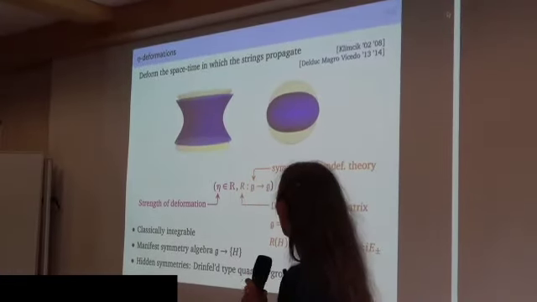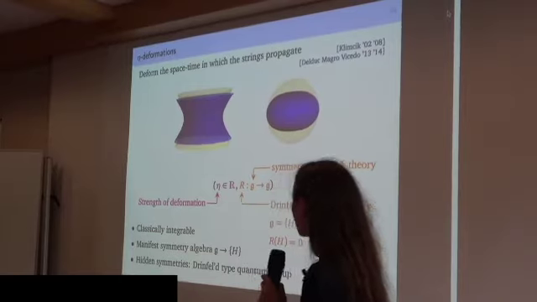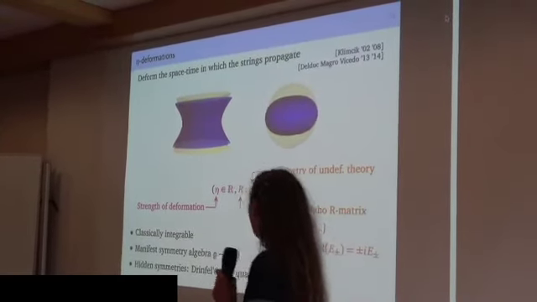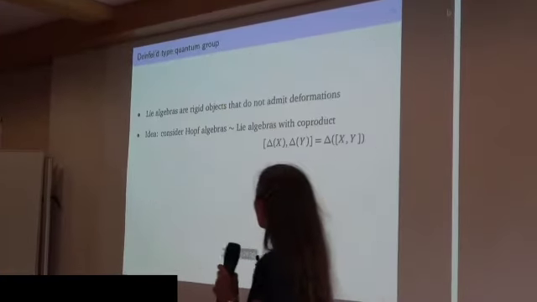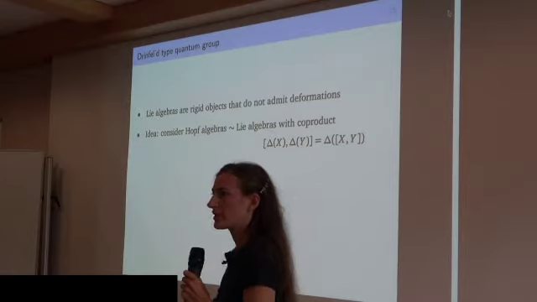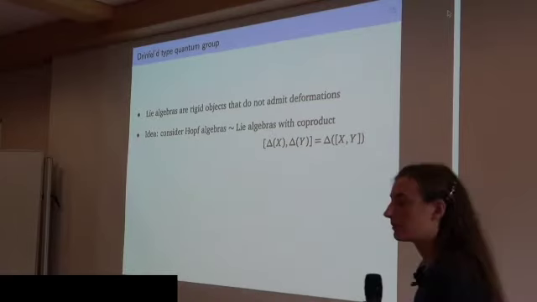So now, maybe for the pleasure of the mathematicians in the room, I will say a few words about this Drinfeld-type quantum group. Remember that Lie algebras are rather rigid objects and you cannot deform them.